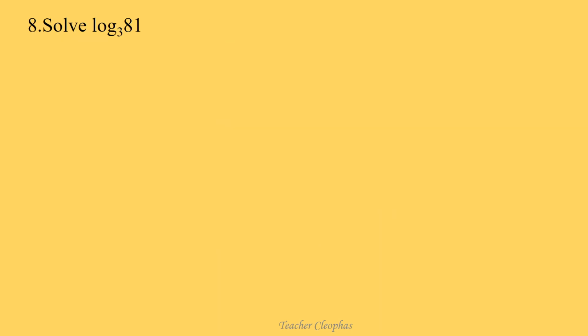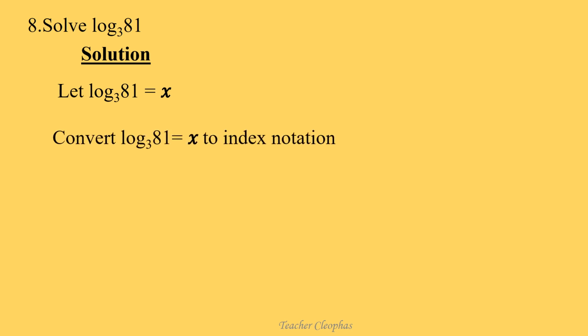Question 8. Solve logarithm of 81 to base 3. Solution. Let the logarithm of 81 to base 3 be equal to x. So we need to convert this to index notation, and this is 3 raised to power x equals 81. 81 can be written in terms of base 3 as 3 power 4.